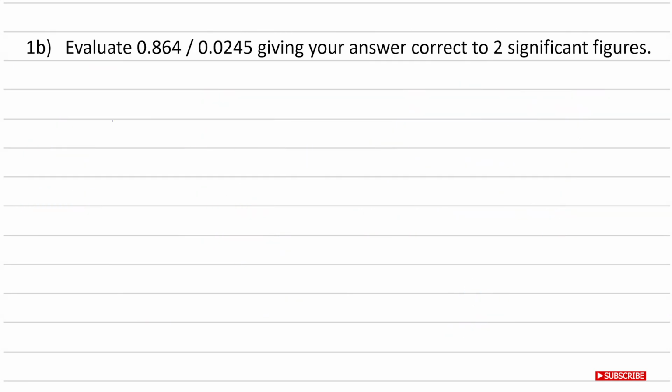Now for part 1b, we're asked to evaluate 0.864 divided by 0.0245, giving your answer correct to two significant figures.